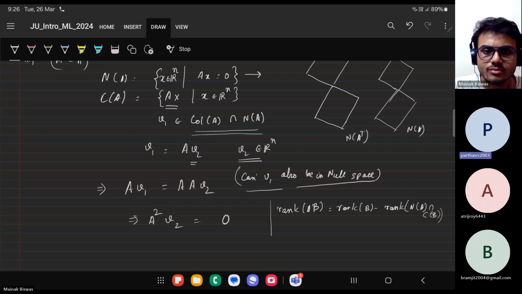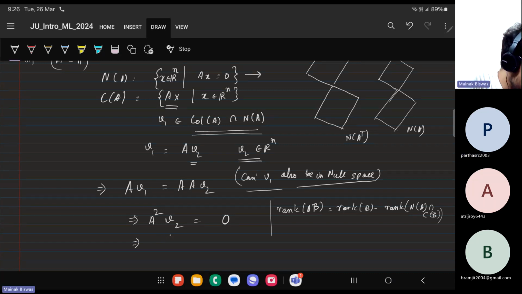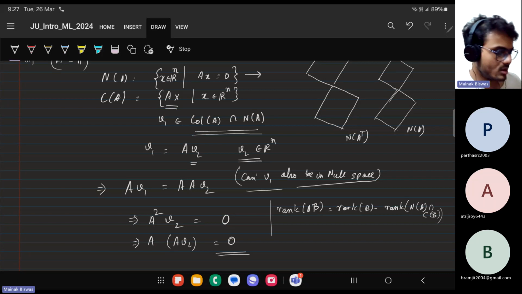Yes, because if it is singular, it will not be invertible. Correct. So you will get (v2, a) equal to 0, and you have shown a square v2 is equal to 0.